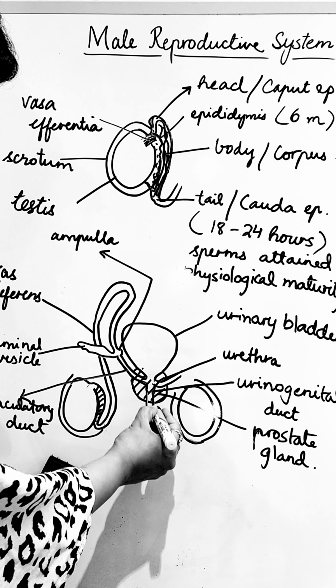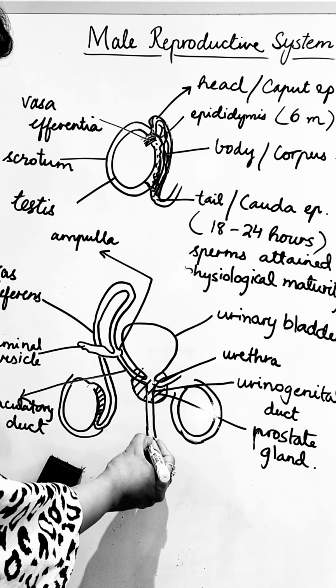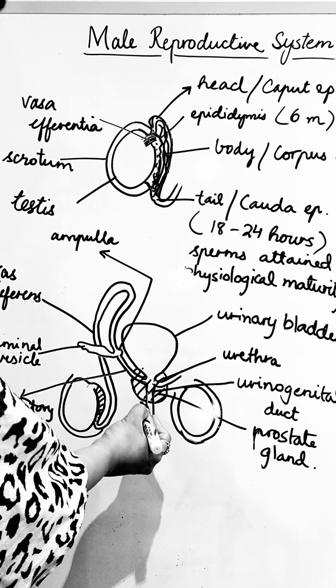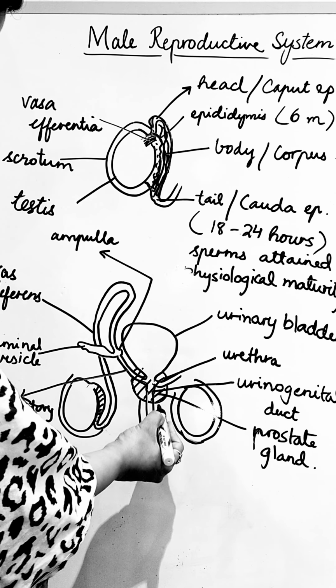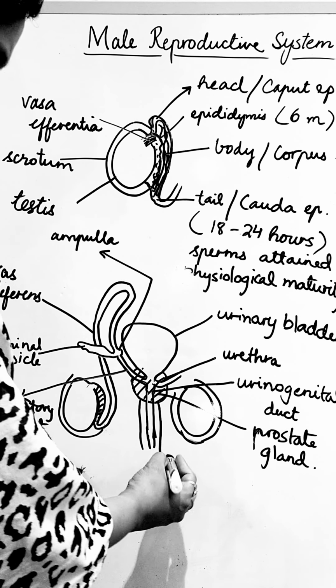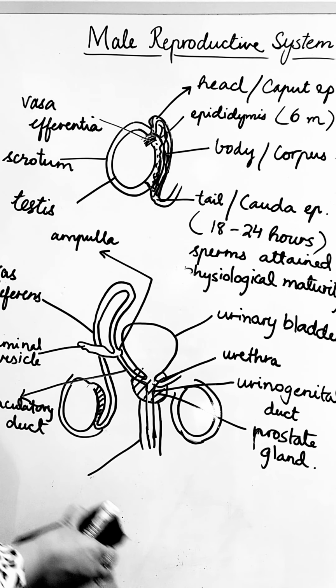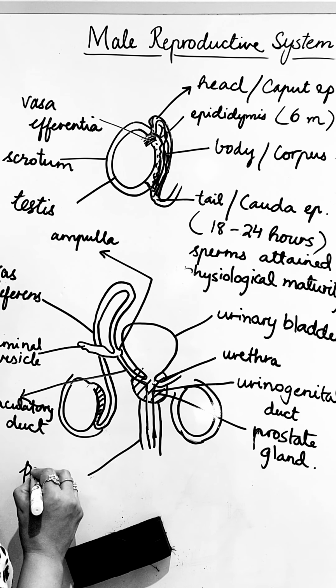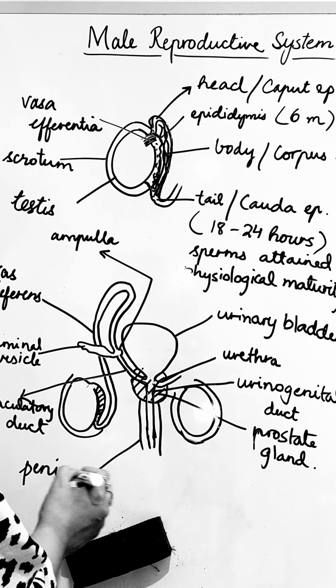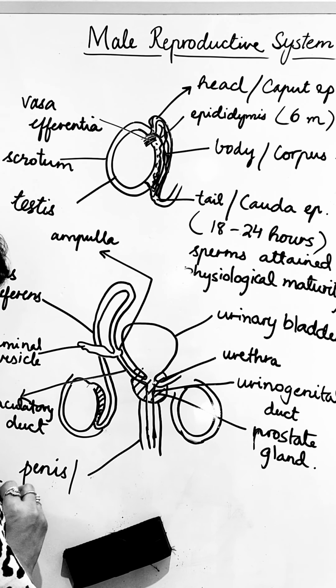This urogenital tract moves downward, and it is surrounded by a highly muscular structure called the penis, which is the external genitalia or copulatory organ.